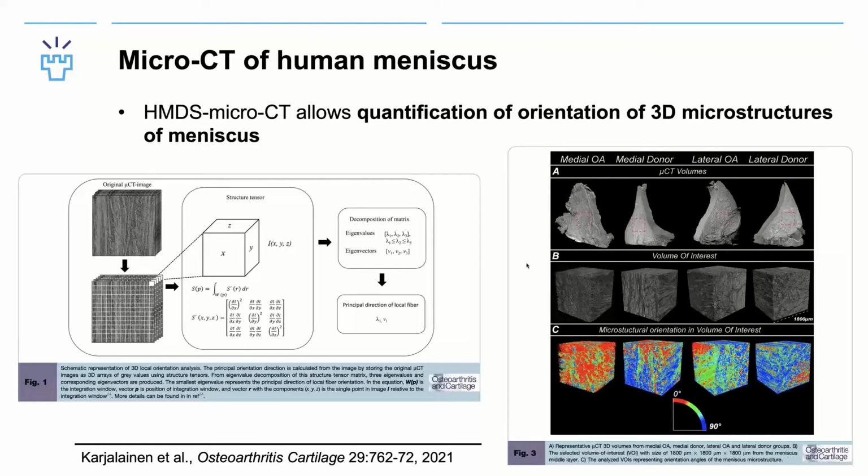So besides just getting nice pictures, you can actually get some quantitative numbers to describe the organization of the collagen fibril network within a certain volume. In our case, we limited our analysis in this study to this kind of a cubic volume in the middle of the tissue or meniscus sample.